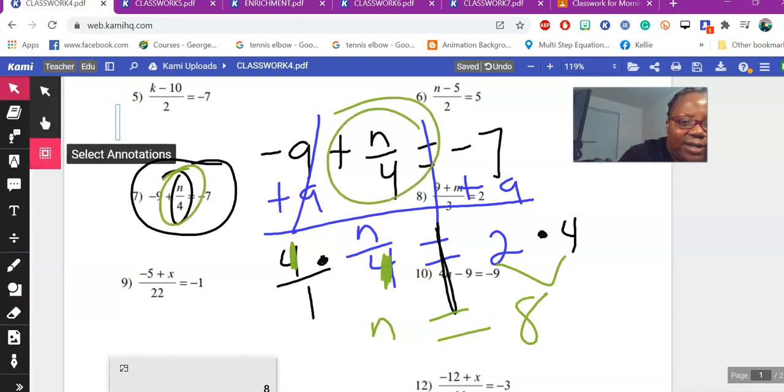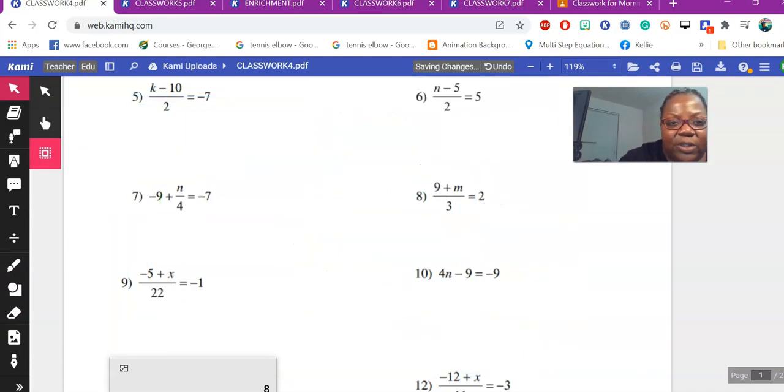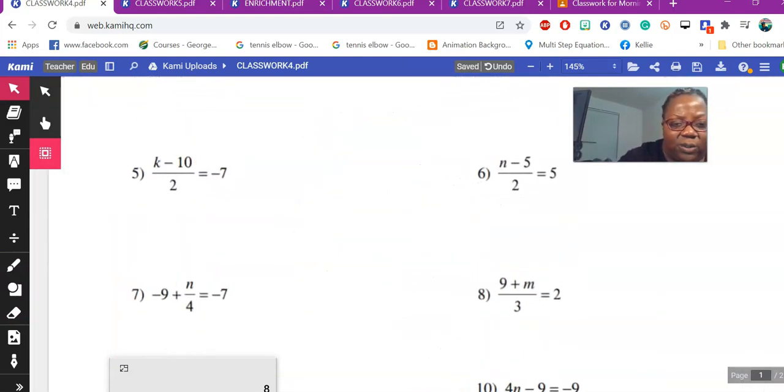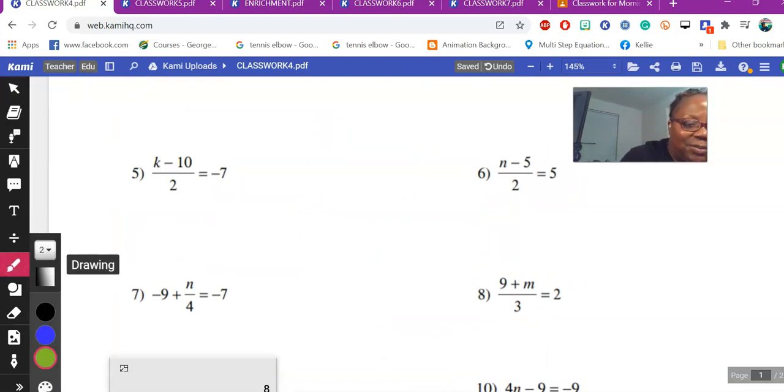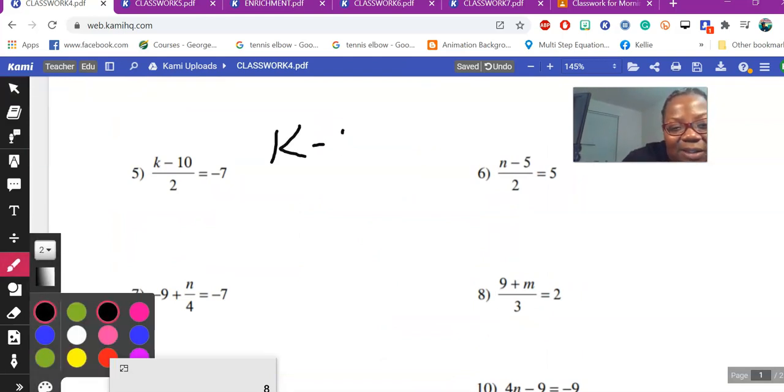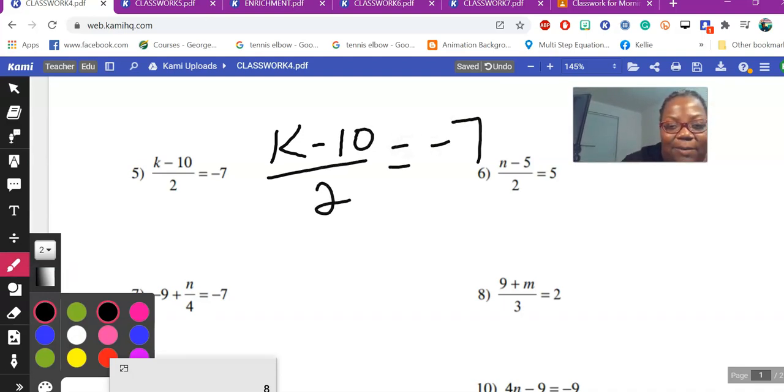With the funky fractions, this is how you do it. Remember I said you have to do adding and subtracting before you can multiply or divide. When it comes to funky fractions, it's the opposite.